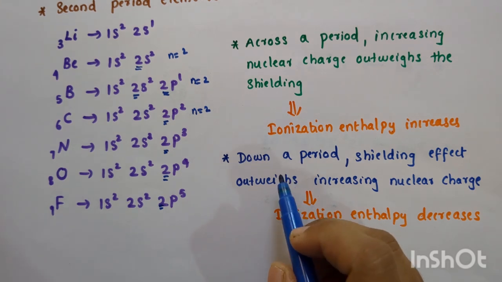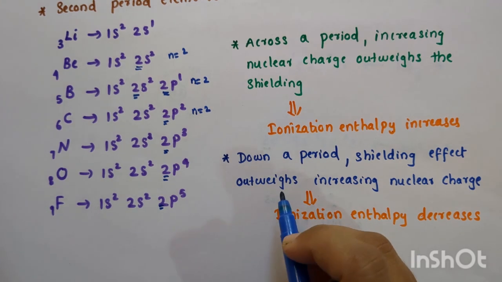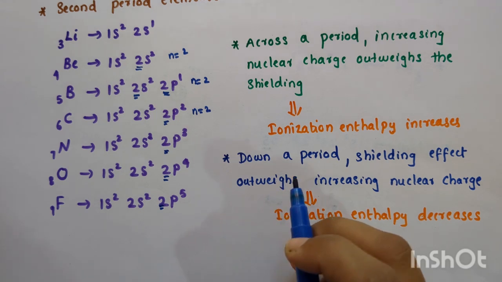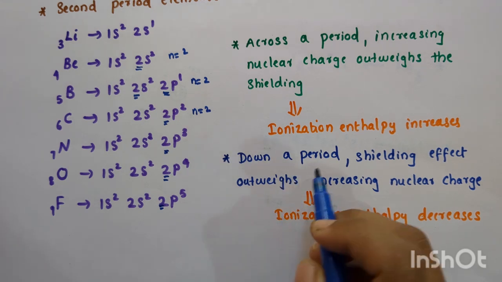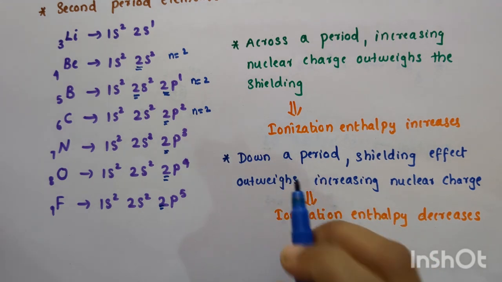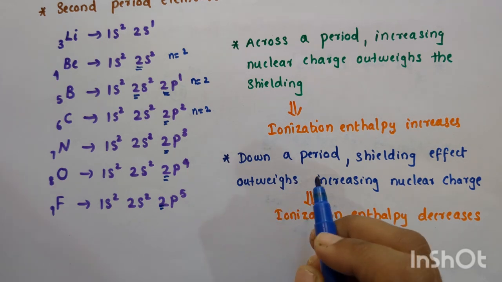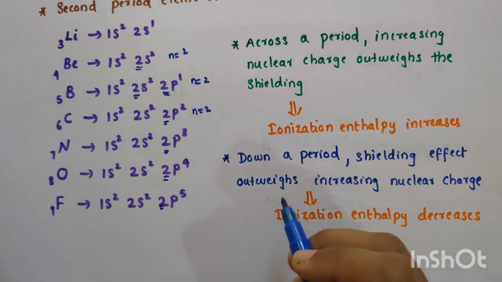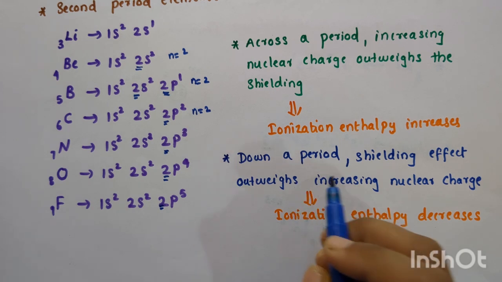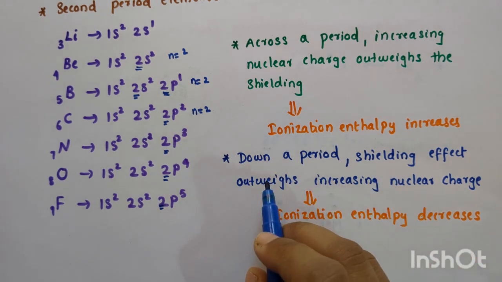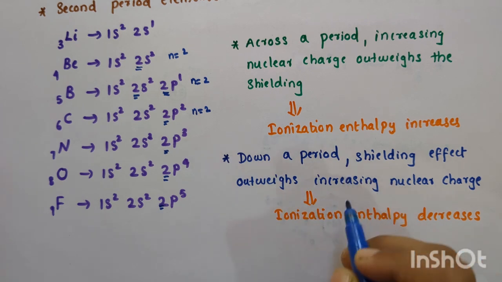As we go down a group, the atomic radius increases and the outermost electrons move farther from the nucleus. Inner electrons provide increased shielding, and the shielding effect dominates over the increasing nuclear charge.